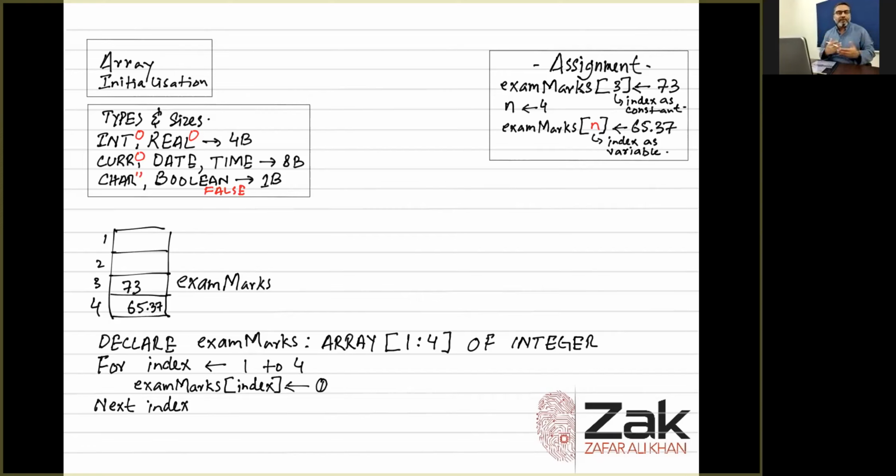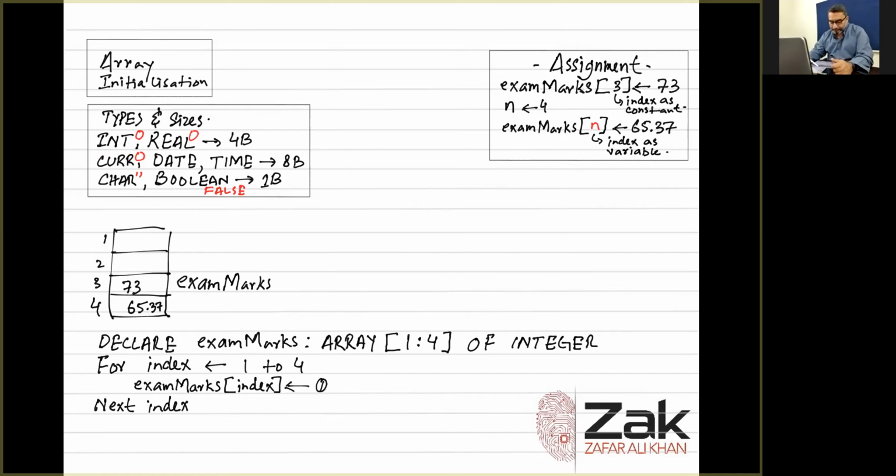So how do we clean? Whenever we create variables of different data types, we clean them with some futile values. For any type of numbers, whether integer, real or currency, we initialize them with 0. Whatever the data is there is cleaned up and 0 is placed there. For character, we just put a double single quote.